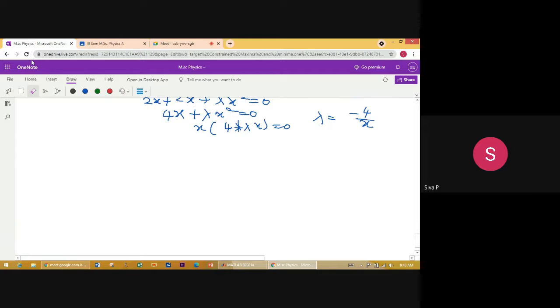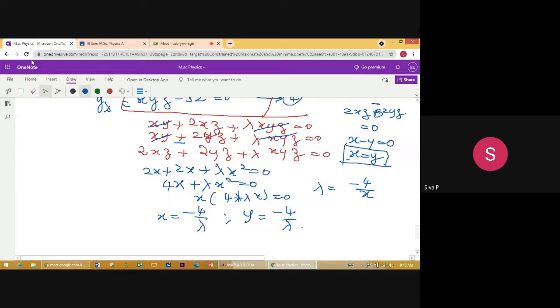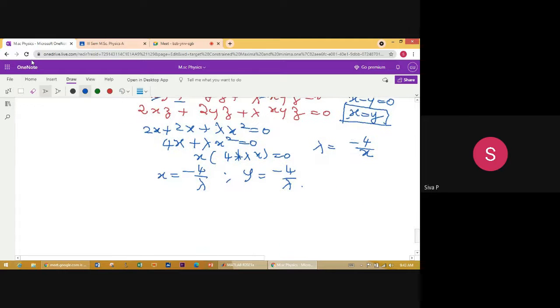So lambda equal to minus 4 by x. Otherwise, x equal to minus 4 by lambda, y equal to minus 4 by lambda.